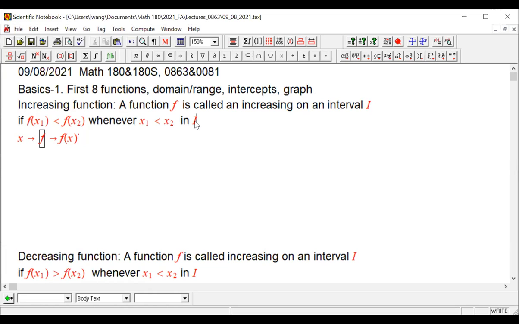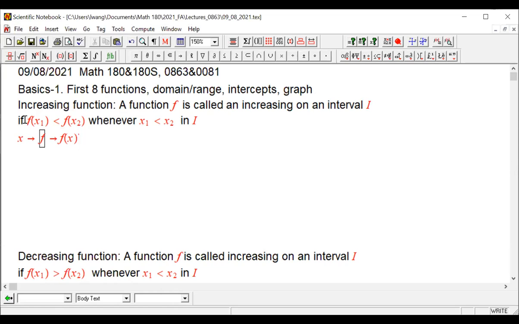And then whether a function is increasing or decreasing, we often address just on an interval. An interval usually is smaller than the domain, right? For example, just a part of the domain.